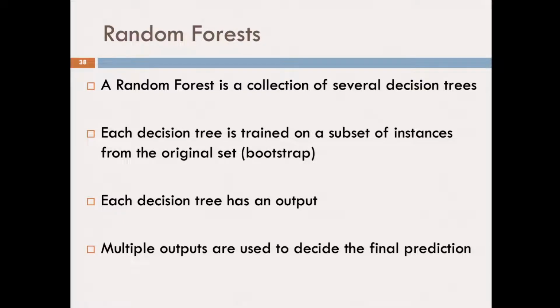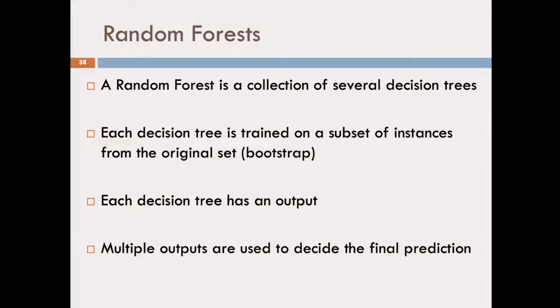Okay, everybody back. Let's continue. So now we are going to work with what we call a random forest, which is a collection of decision trees that we just saw. Each decision tree, as I said, is trained on a subset of instances from the original set. That is what we call a bootstrap strategy.